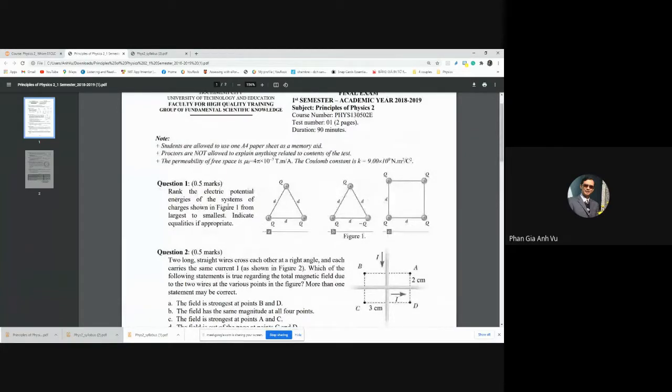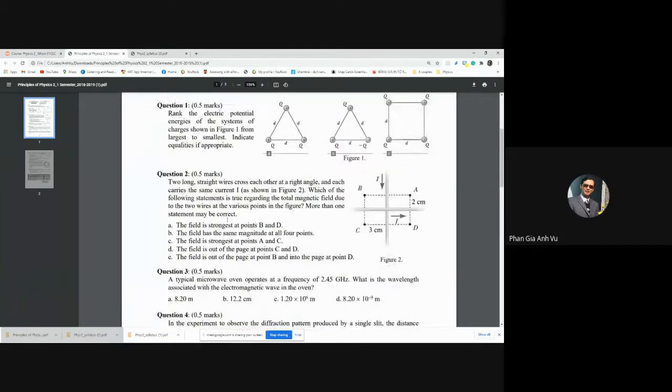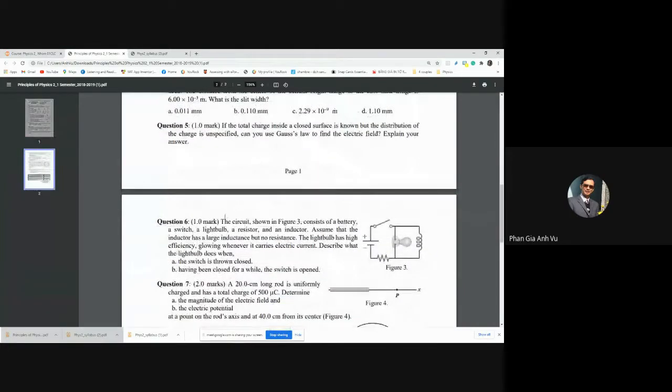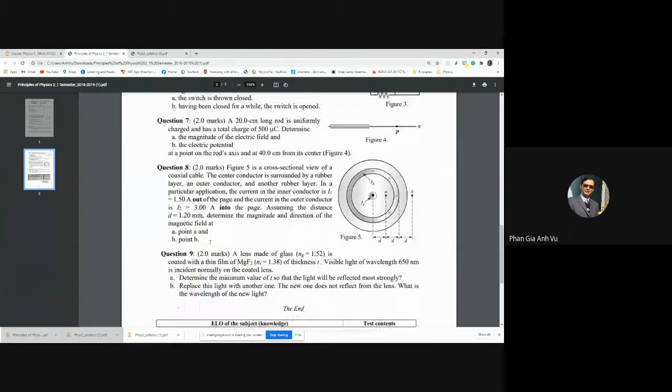Then we have 2 other questions, question number 5 and 6, which is 1 mark each. And then we have another 3 questions, which is 2 marks each. So in total you have 10 marks in the exam.